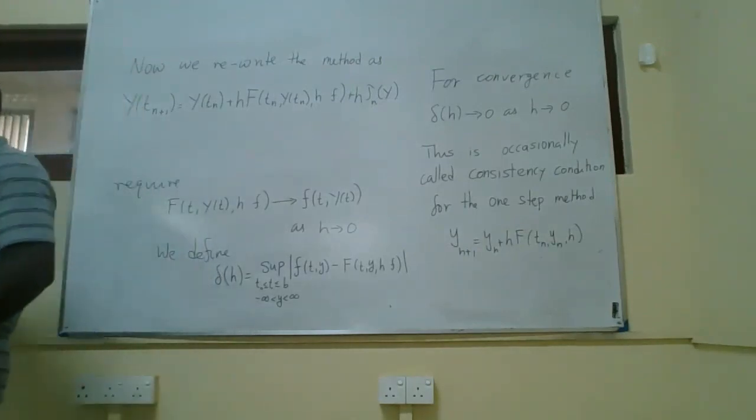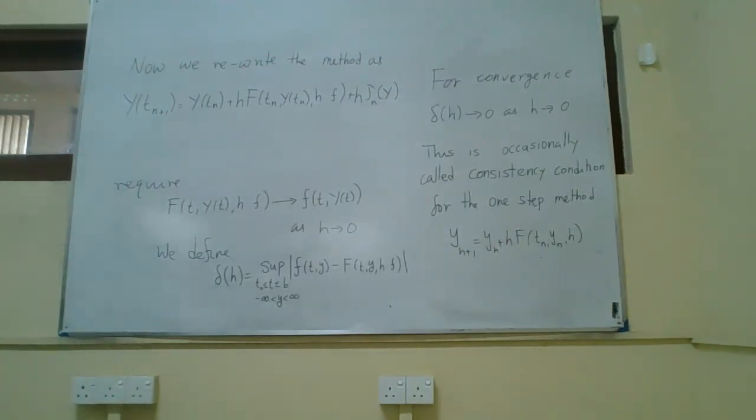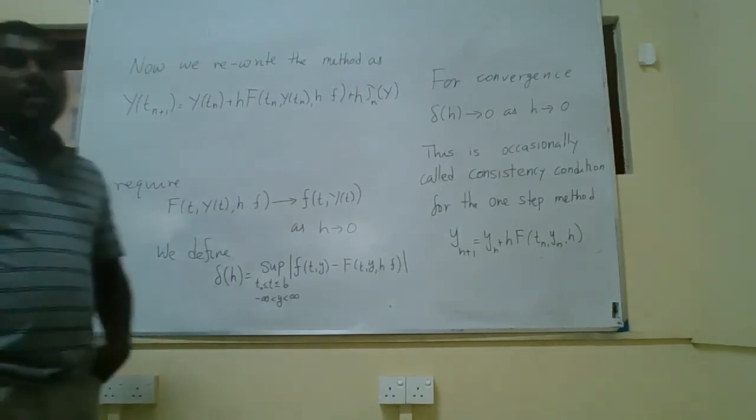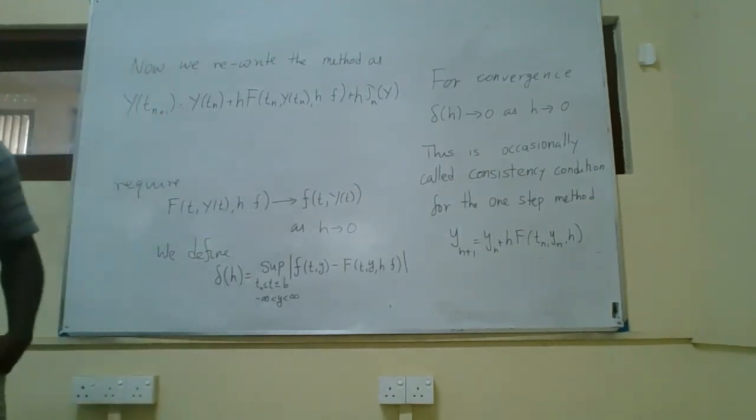So in the next class, that is what we are going to do. We are going to see what will happen when the capital F function satisfies some Lipschitz condition. And also we will later talk about the rate of convergence by looking at the error term again.